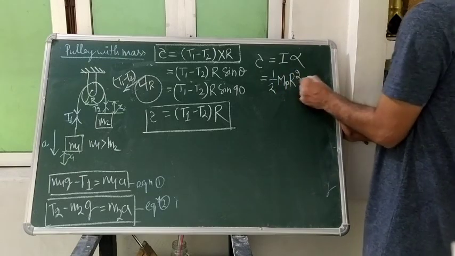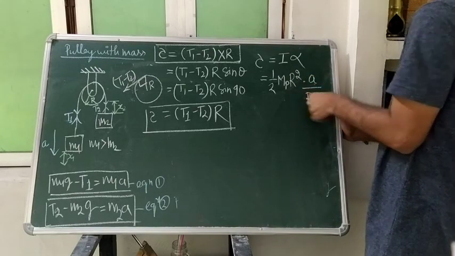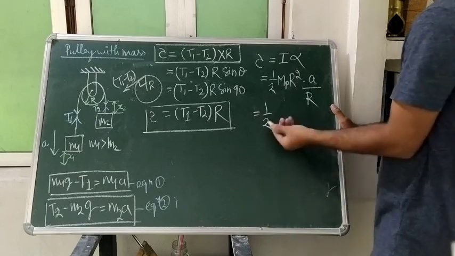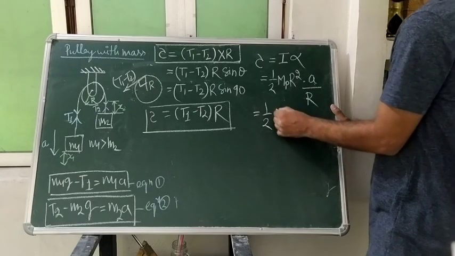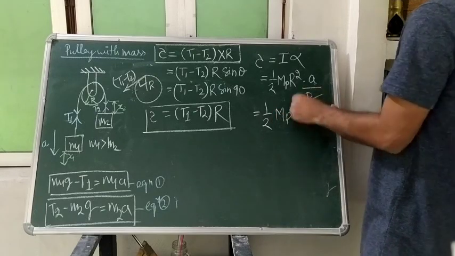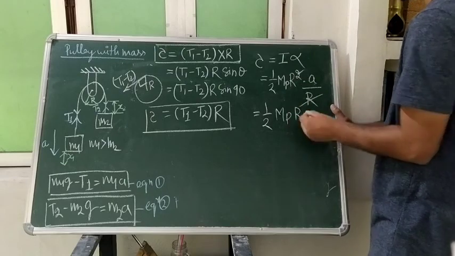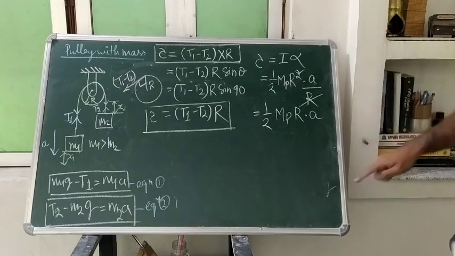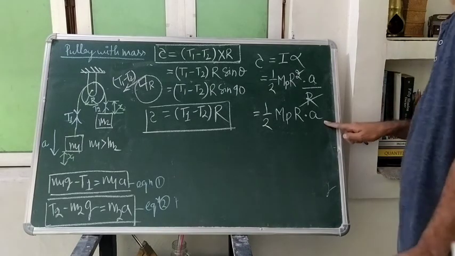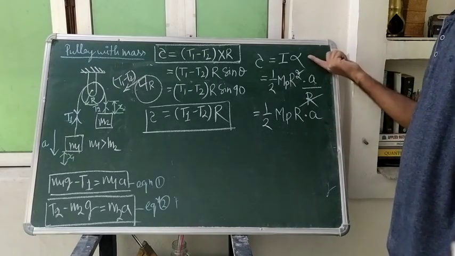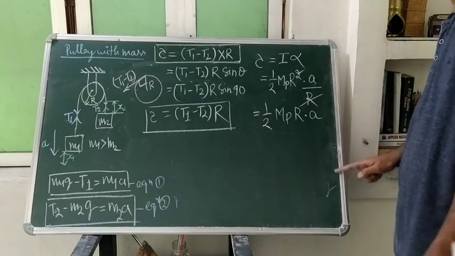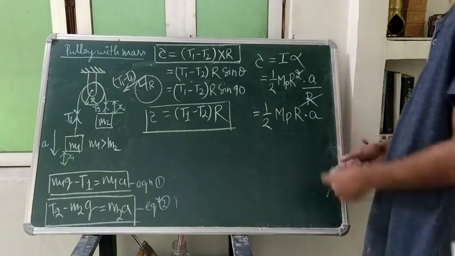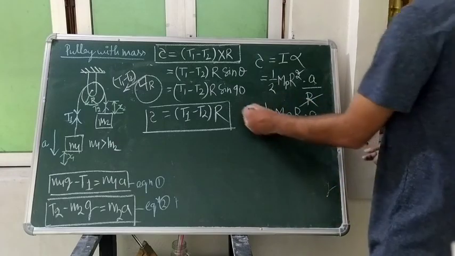Alpha, I have told you, is linear acceleration divided by R. So that will be equal to 1 by 2 mass of the pulley, this R gets cancelled with this R, times linear acceleration. In place of angular acceleration, we have converted it into linear acceleration, angular acceleration being linear acceleration divided by radius.